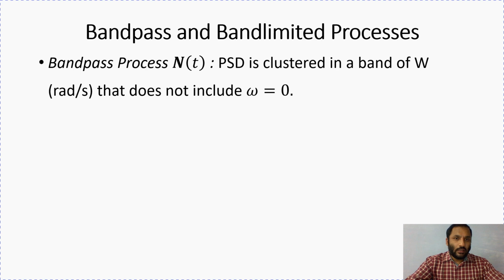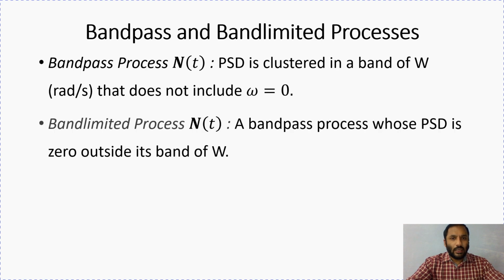So that is clearly shown in the above diagram. Now similarly, what is a band limited signal? This is the kind of signal which is a certain simplification of the above process.